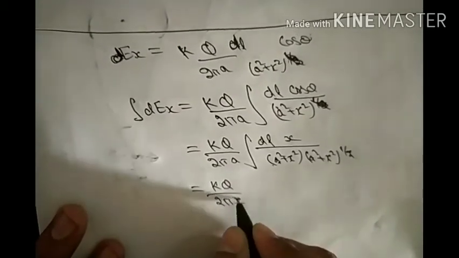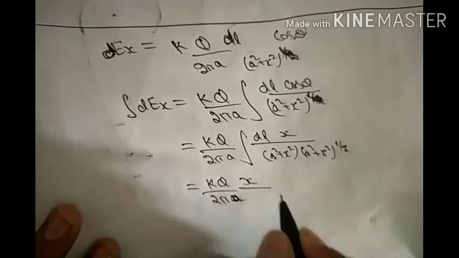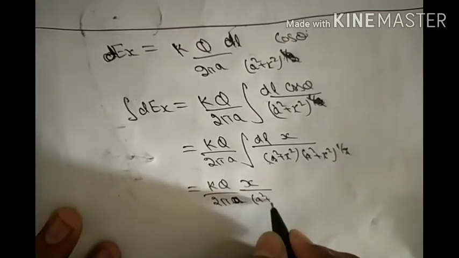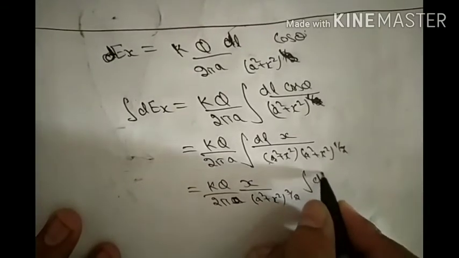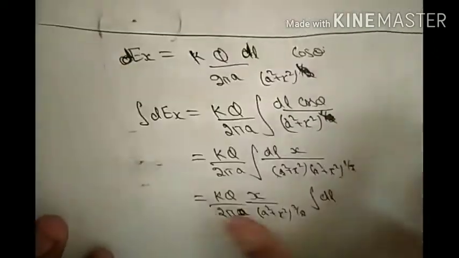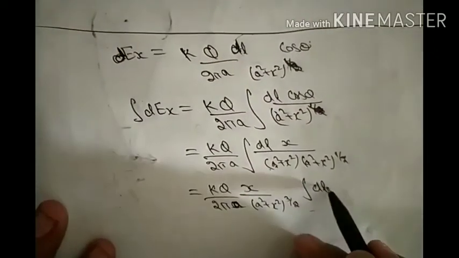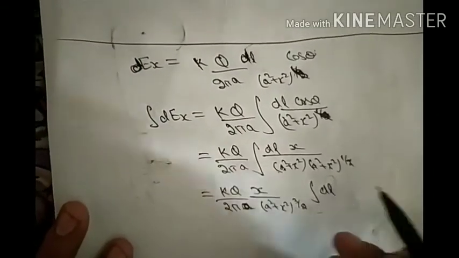So all this we can take out of the integration: x upon (a square plus x square) the power 3/2, and the integration is left with dl. What is dl? It is the length of the circular ring.